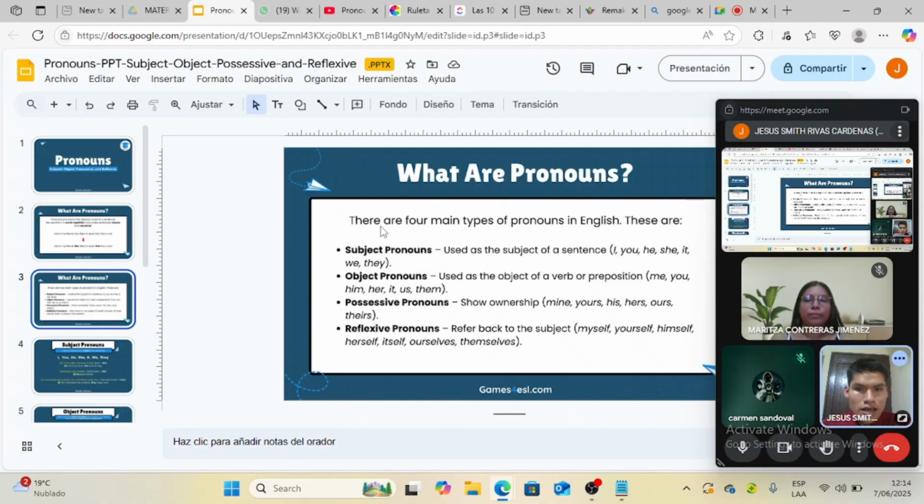The first type of pronoun is subject pronouns. They are used as the subject of a sentence. The subject pronouns that exist in English are I, you, he, she, it, we, and they.